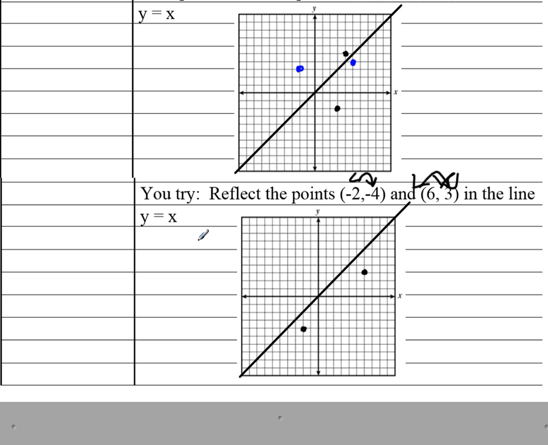So go ahead and graph those new points as they're reflected in the line y = x. Pause the video and see if you get the same answer as I do. Okay, this should be the answer that you get. This point is at -4, -2, and this point is at 3, 6. If that's not what you get or you're not quite understanding, raise your hand and one of us will come over and help you. Okay, you should be on the exit quiz called Transformations on Khan.